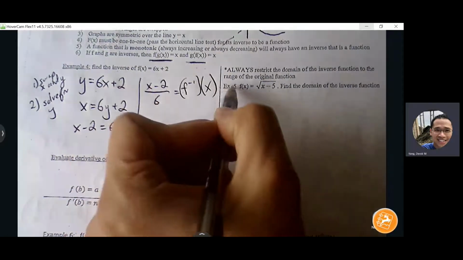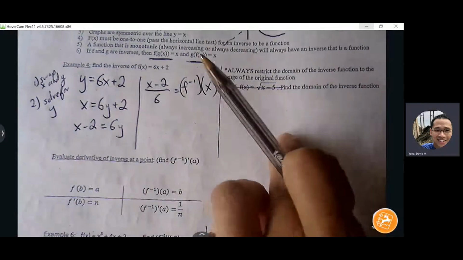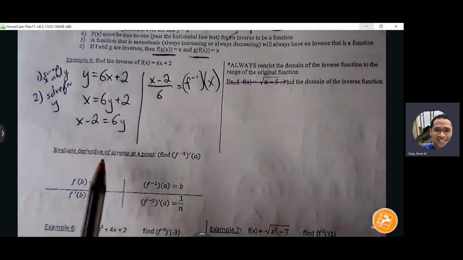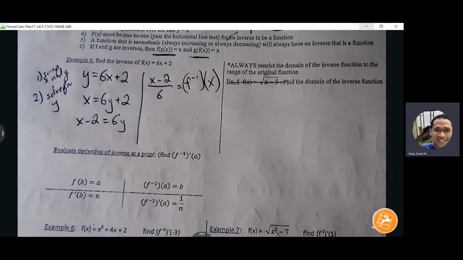We're going to skip example 5. And I want to use this space to introduce the topic of the derivative of an inverse at a point. But I think it's easier if I introduce it to you giving you a picture rather than something that is abstract.